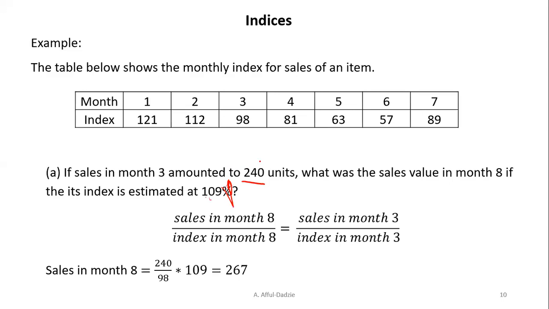So see month 8 as N, that future time period, and month 3 as M, the current period.